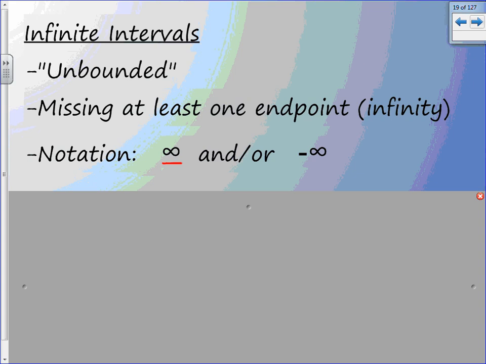So if there is no symbol in front of it, you indicate that as a positive infinity. Positive infinity is the right side of the number line because the numbers are going towards positive, very large numbers. So out here is positive infinity, and over there is negative infinity.